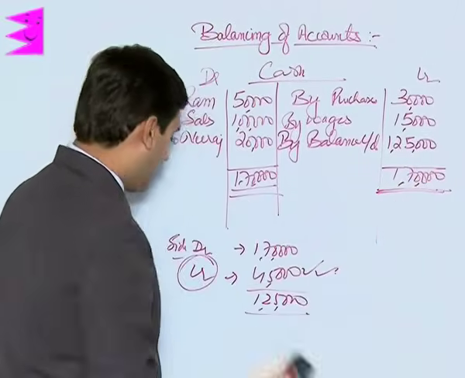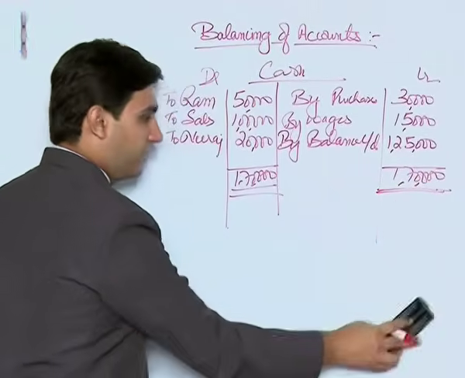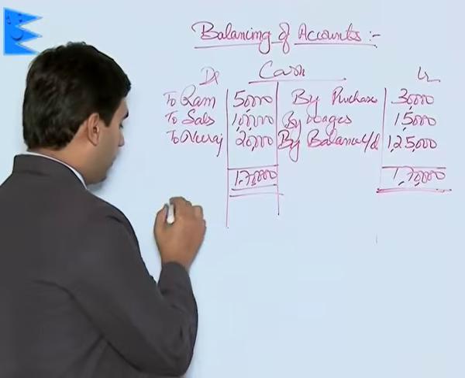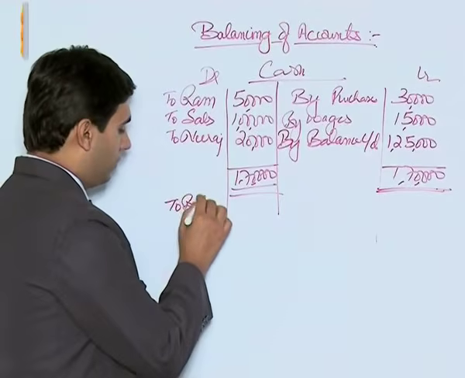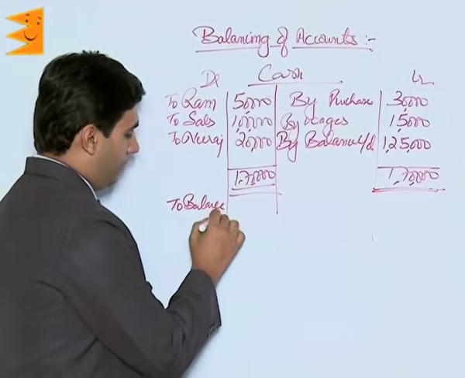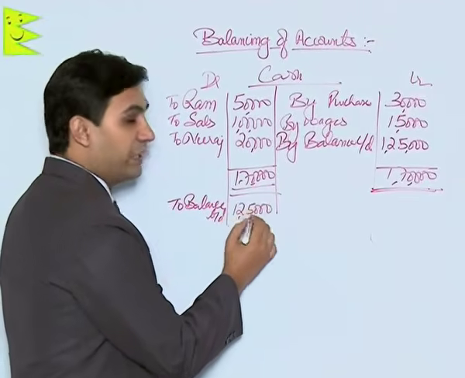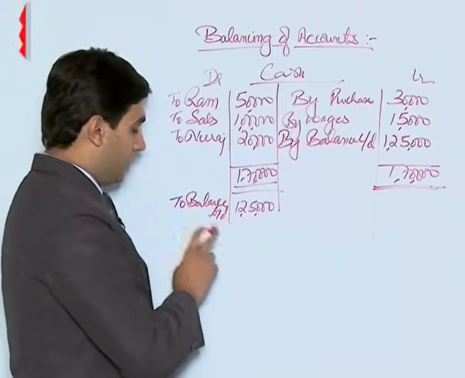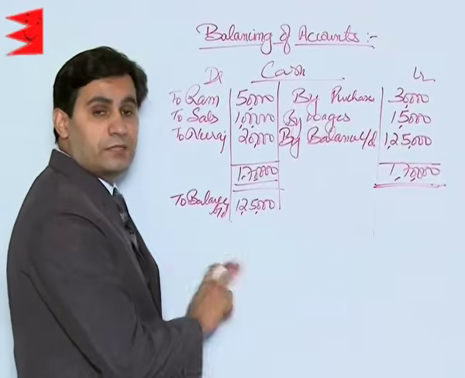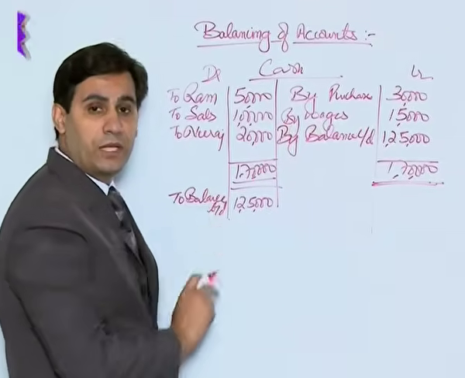Now, this balance of 1,25,000 that we have calculated will be shown on the debit side as to balance brought down 1,25,000 in the beginning of the next period. This brought down means that this balance has been brought down from the previous accounting period.